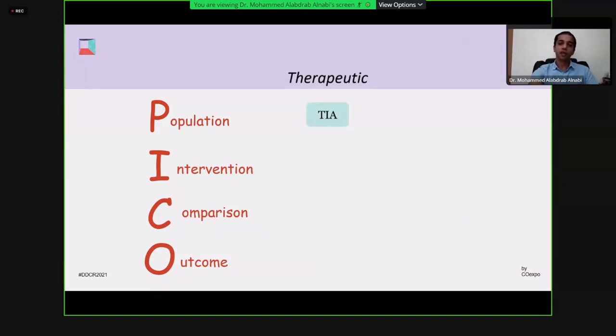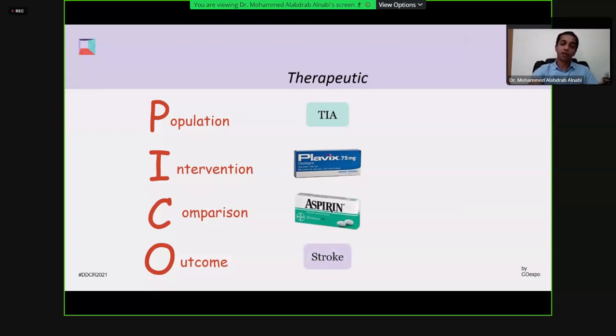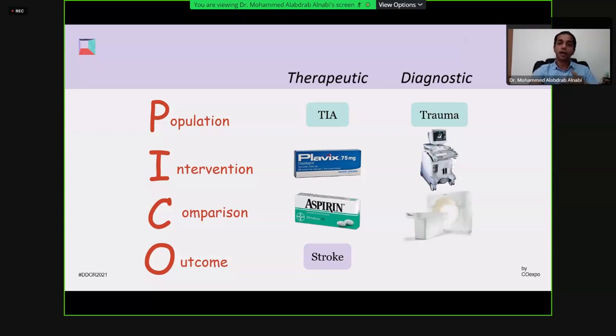So the title usually should have the PICO question. A well thought out title should have the PICO question, obviously. Some titles are very poorly thought out. I'll give you an example for a therapeutic study. For example, in a population of TIA, transient ischemic attacks, does an intervention of adding Plavix, clopidogrel, compared to aspirin alone, reduce the incidence of the outcome of stroke?